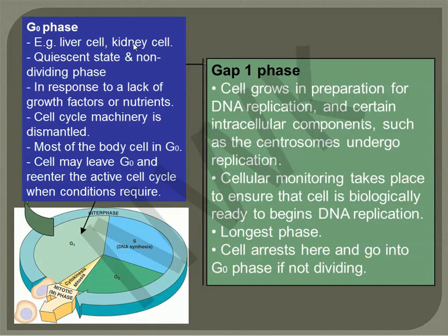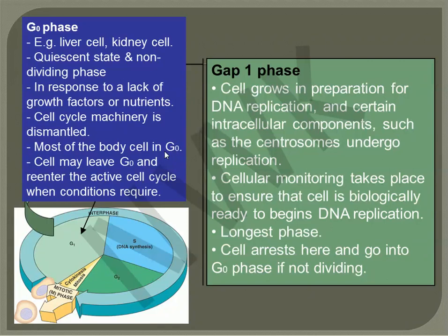Sometimes, when the environment is lacking some growth factor or nutrient needed, the cell will also push itself to G0 phase. It waits until the environment is favorable or there is a sufficient amount of nutrients, and only then does it go for dividing. So most of the body cells in our body are in G0 phase when they are not prepared for division.